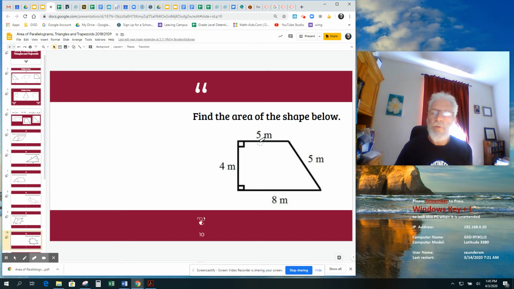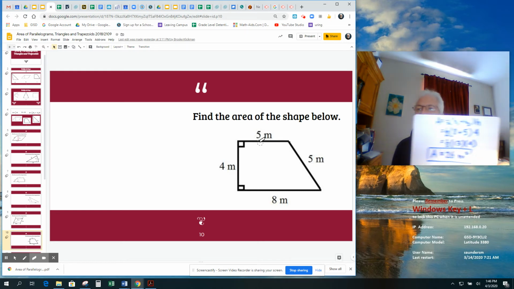And multiplication is associative and commutative, so I can do these in any order. And I'm going to multiply 1/2 times 4, because it's an even number. 4 divided by 2 is 2. And then 2 times 13 is 26. So area equals 26. And my units are meters squared.